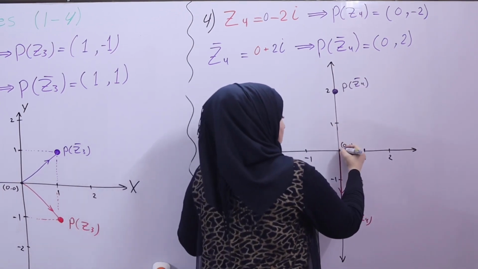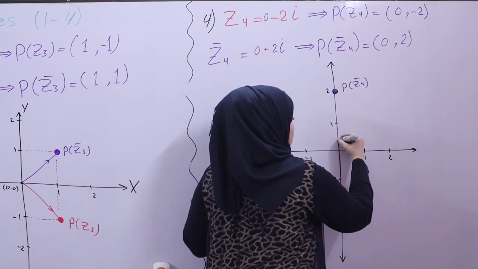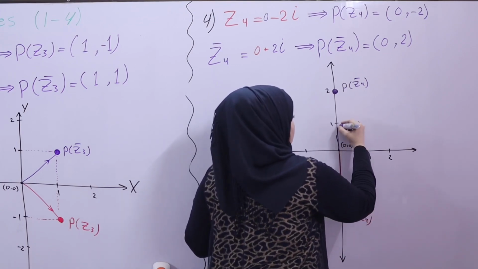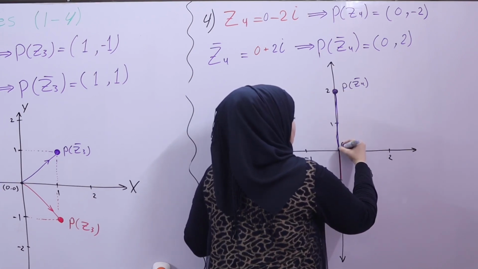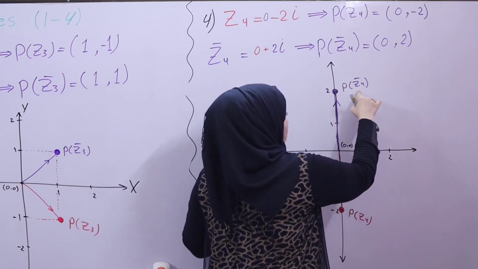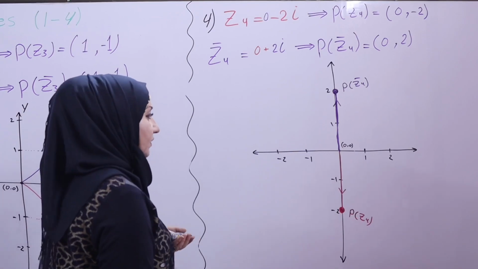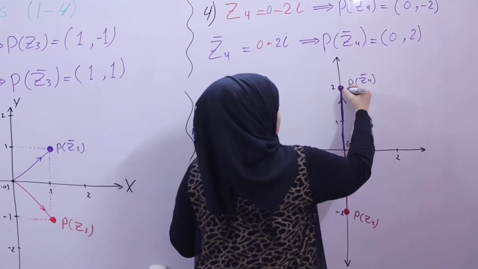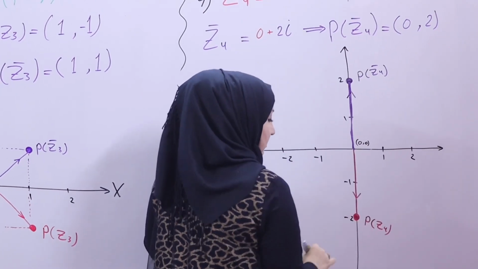And to find the Argand shape, we connect between the origin and the point of the conjugate of Z4. So this is the Argand shape for the conjugate and for the complex number Z4.